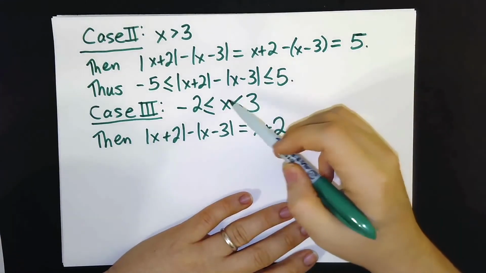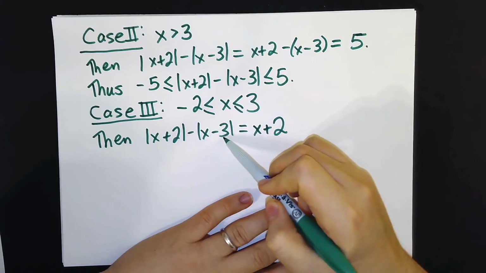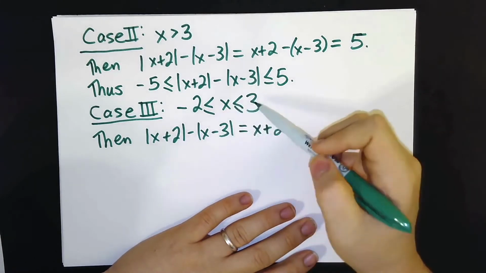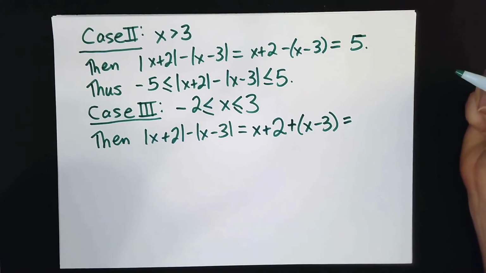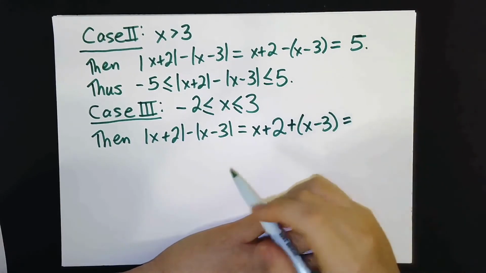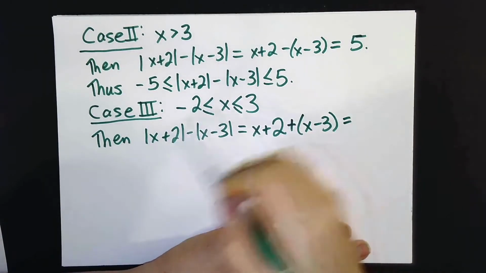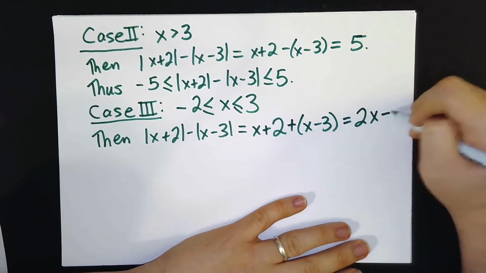Well, since x is less than or equal to 3, x minus 3 is negative. And so when I go to take the absolute value, I will get the negative of x minus 3. And when I subtract a negative, I get a positive. And so at the end of the day, what do I get? When x is between minus 2 and 3, this weird absolute value mush is actually 2x minus 1.